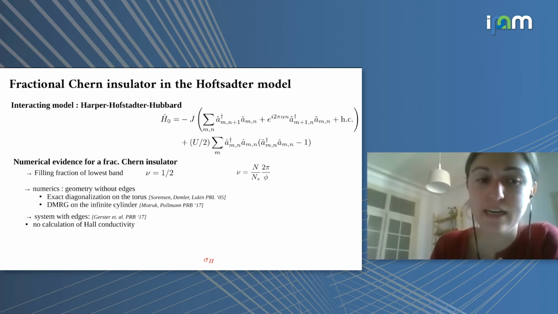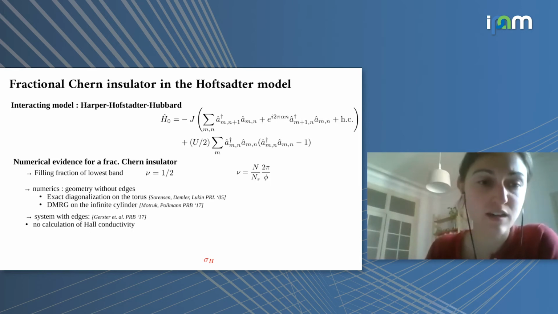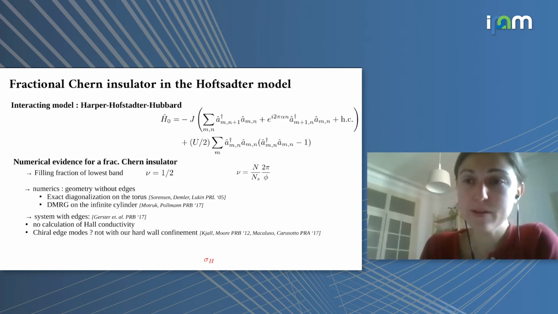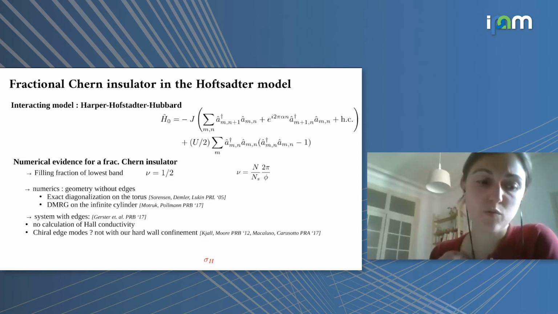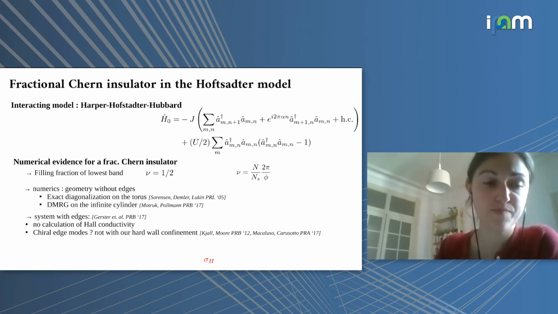You don't typically calculate the Hall conductivity because it would require the insertion of flux in the cylinder. At least that's the easiest way to do this calculation. So it's maybe a little bit of a difficulty for us because we wanted to be as realistic as possible. So we wanted to use the geometry with edges to test our protocols.